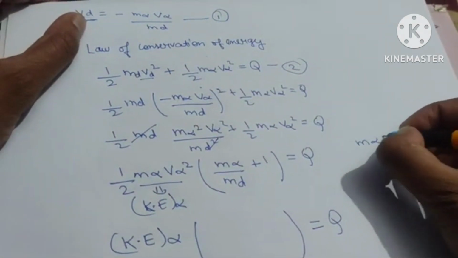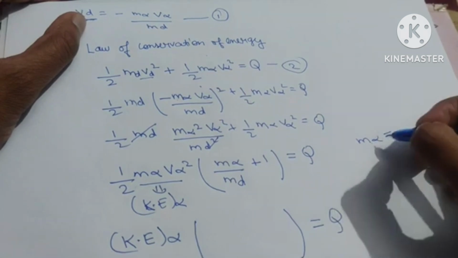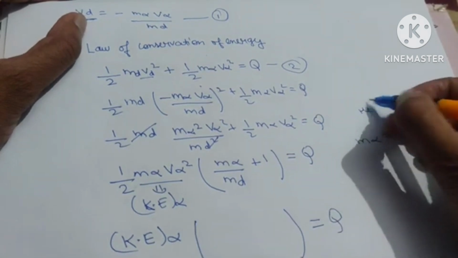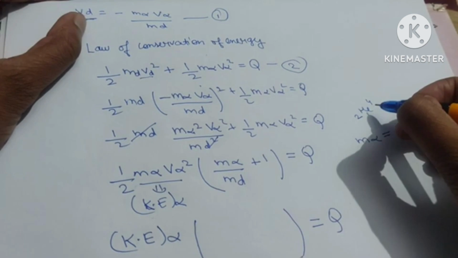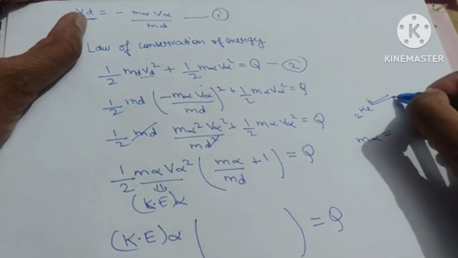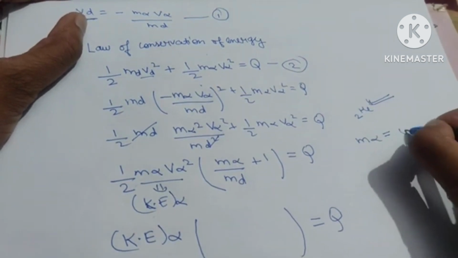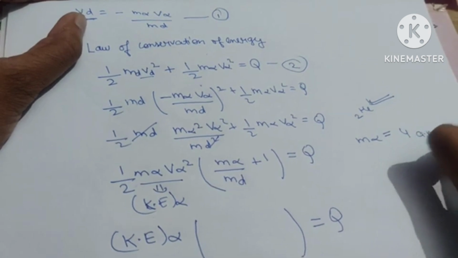Now m alpha is the mass of the alpha particle, that is the mass of helium. We know the mass of helium is 4, and its unit is AMU.